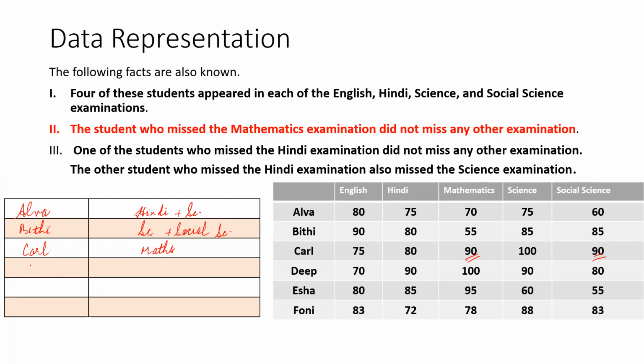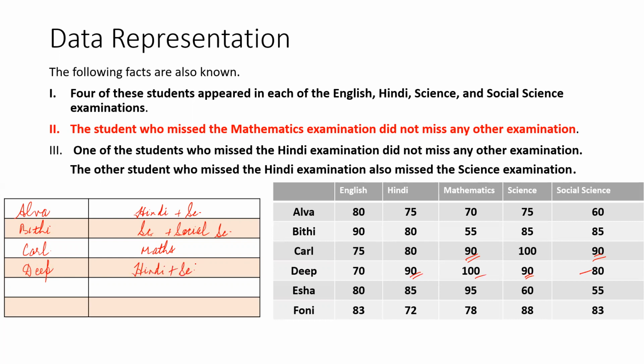Then we come down to Deep. Okay. Now, for Deep's scores, if we see, his scores are looking like 90 in 2 of the papers, 180. The average of 180 is 90. So Deep could also be one of the guys who has missed Hindi plus Science.